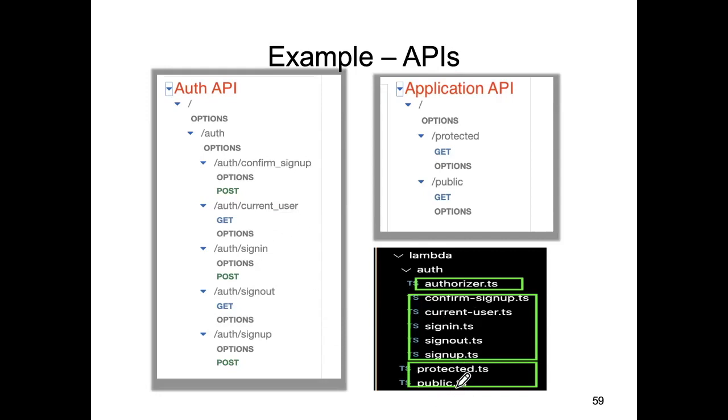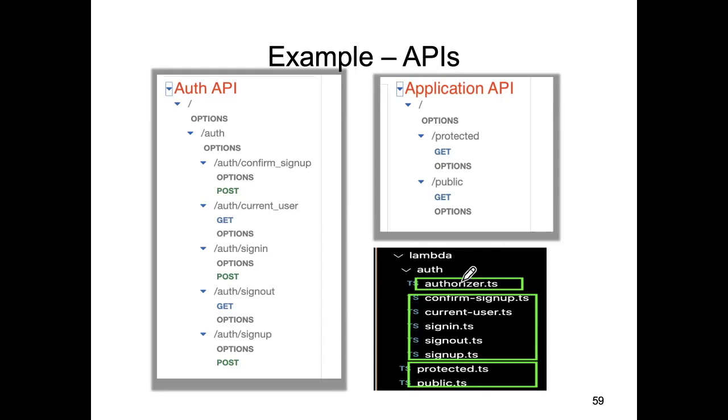These two lambdas down here are the backend for this part of the application, the functionality side of it. And the last lambda, I've just called it the authorizer lambda.